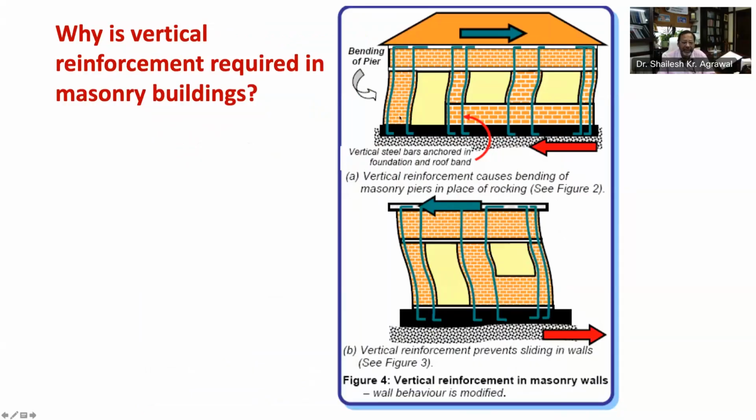In wider wall piers, the vertical bars also enhance their capability to resist horizontal earthquake force and delay diagonal, that is X cracking. Adequate cross-sectional area of these vertical bars also prevents the bar from yielding. Further, the vertical bars also help protect the wall from sliding as well as from collapsing in the out-of-plane direction.